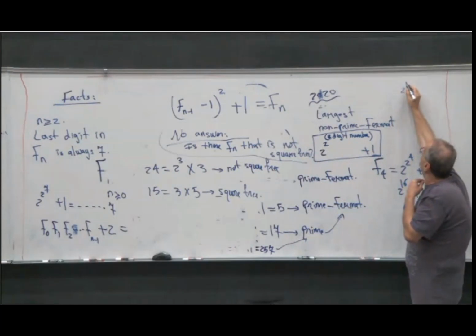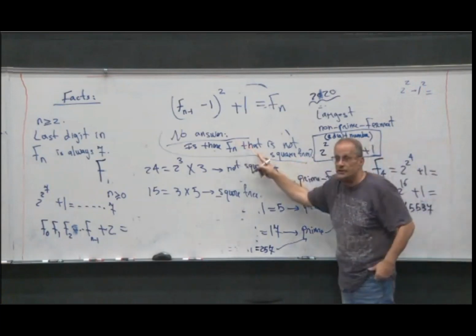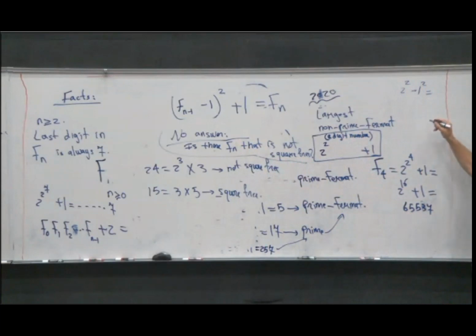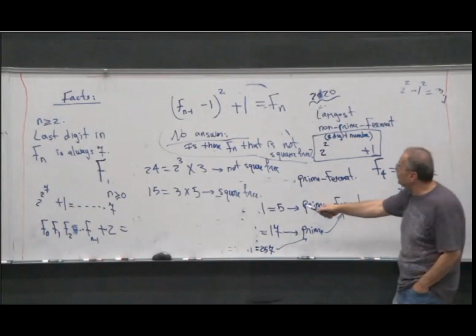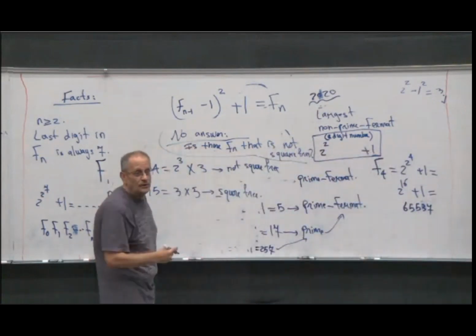I want to choose 2 squared minus 1 squared. So this is not known. No answer. What is that? 3. Is that a Fermat prime? Yes. 3 is where we get it from F0.